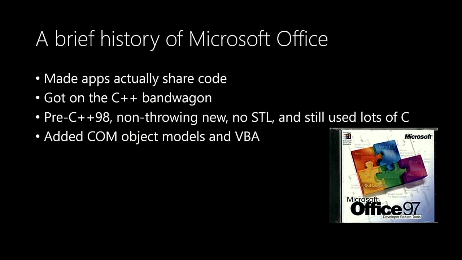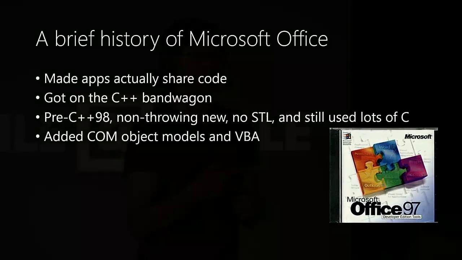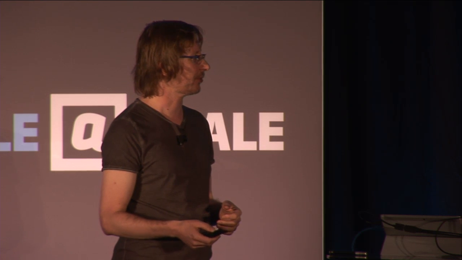So we started to do this. We started to use C++ at roughly the same time. It was C++98, so the Dropbox presentation had some of the types of code that we were writing. Actually, a lot of the code was still C compiled as C++. We added COM, we added Visual Basic, lots of different features.